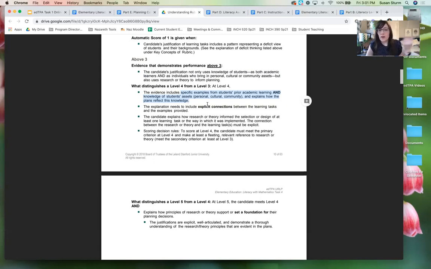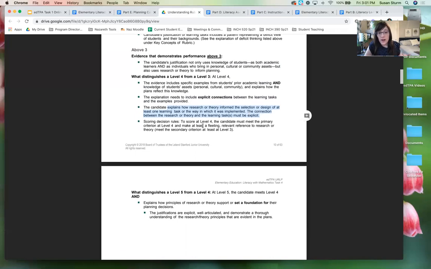You could also talk about very specific cultural or personal or interests that your students have in their assets. Then you've got to explicitly connect between the learning tasks that you've planned and those examples that you provided. You've got to explain how the research you referenced is being used in your planning decision.